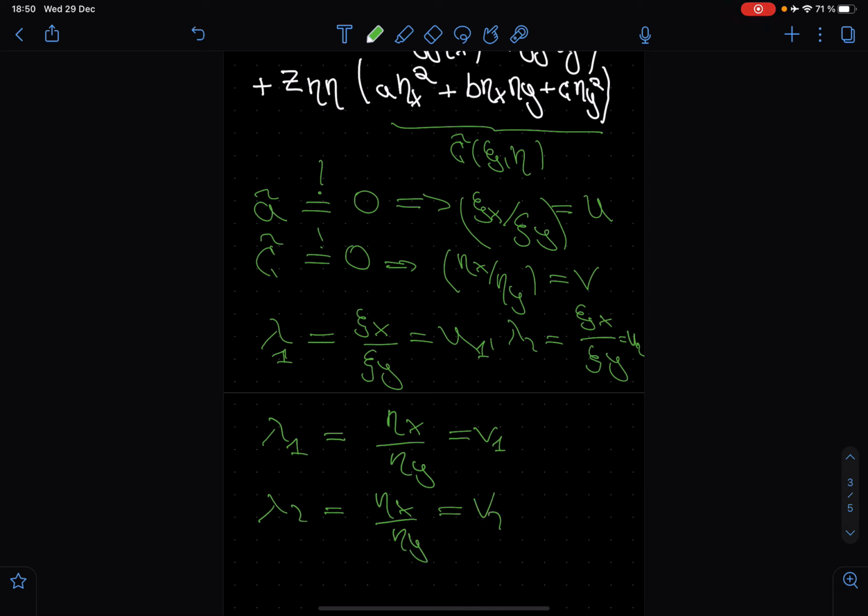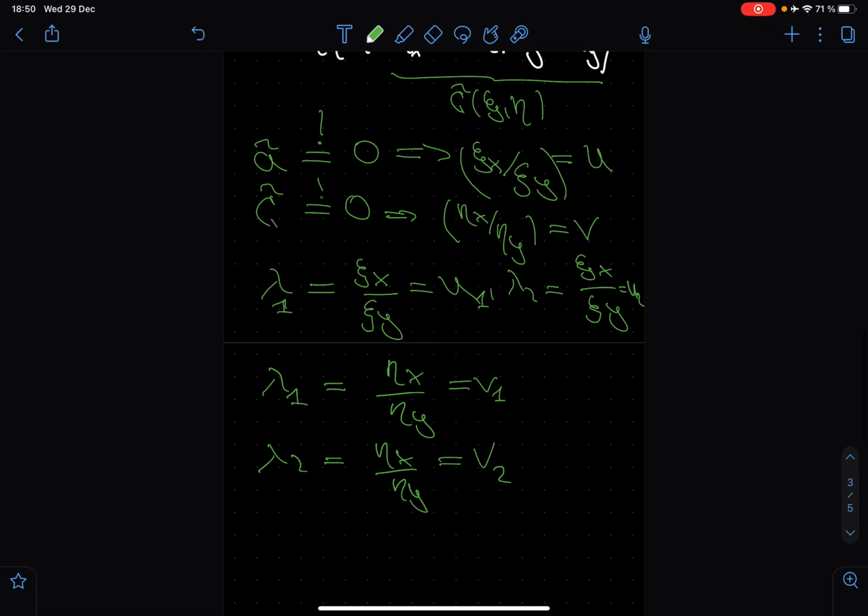So why do we need this? We need that because, oh, there was a small error. There should be a 2, but the right hand side is not important. What is important is that this value will give you a partial differential equation of first order in order to define eta from x, y.